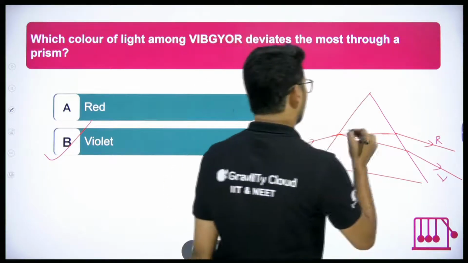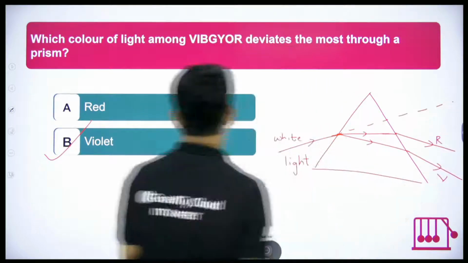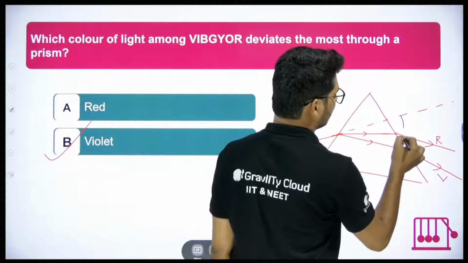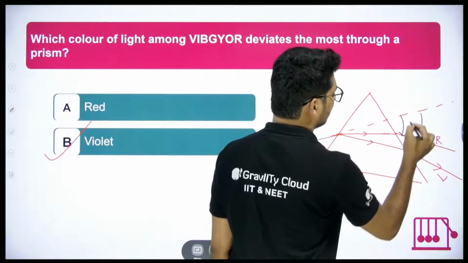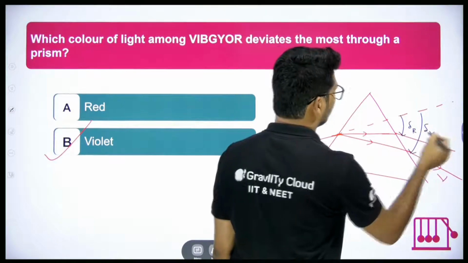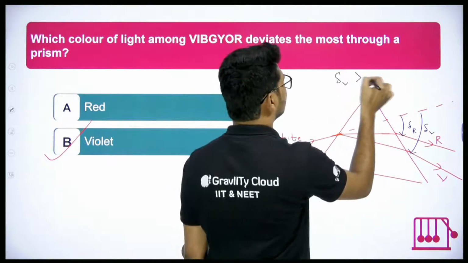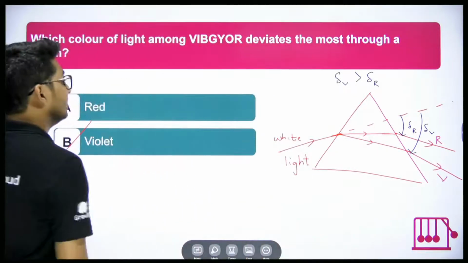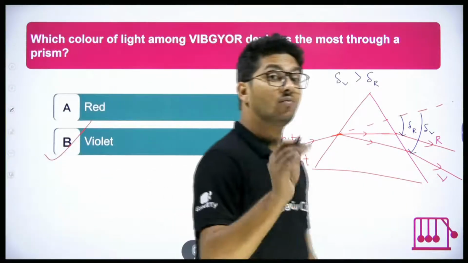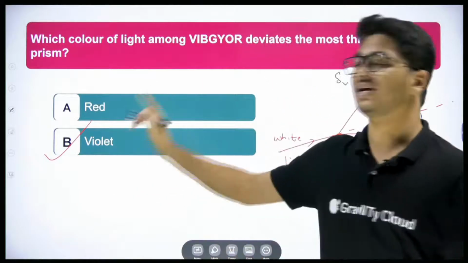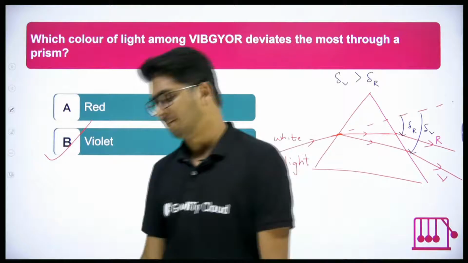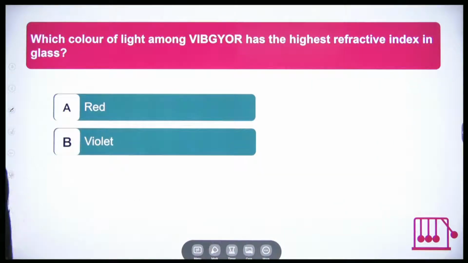So if you look at the angles of deviation, obviously here you can clearly see that the angle of deviation of violet is greater than the angle of deviation of red. So which color deviates the most? Violet color deviates the most. Got it? Good.